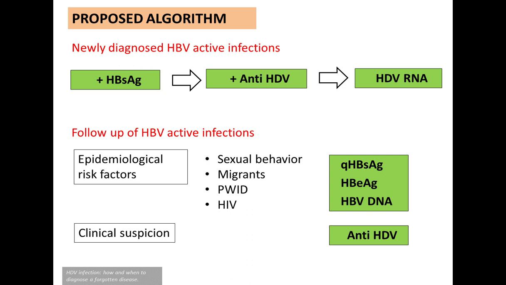We can also add this parameter, the total antibodies against delta virus, to the routine panel of a patient having chronic hepatitis B in follow-up, or use it only in patients with high epidemiological risk or clinical suspicion.